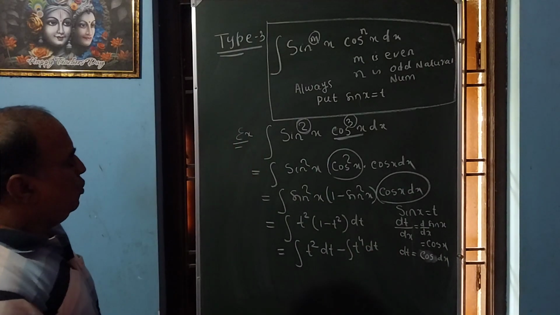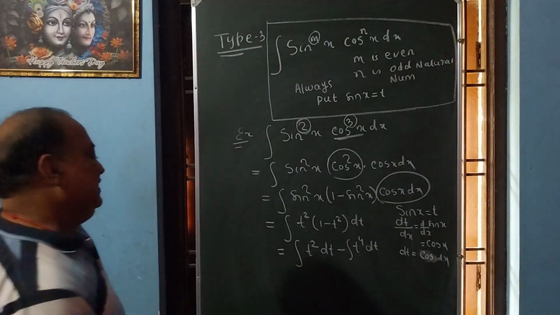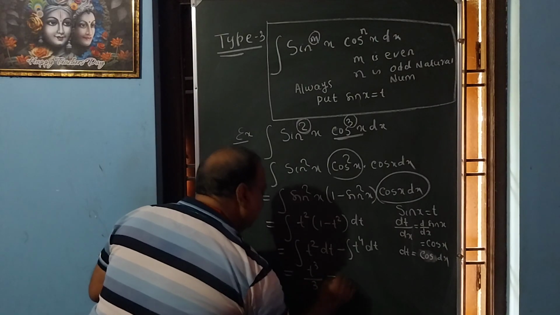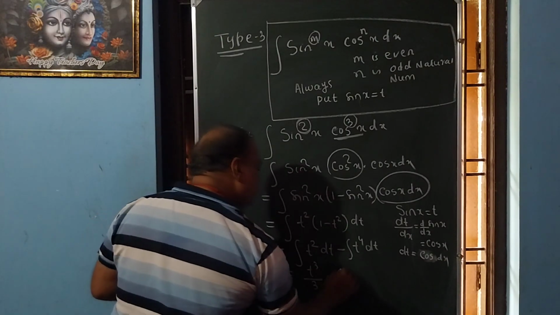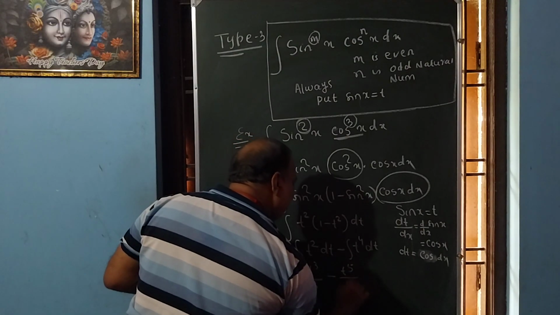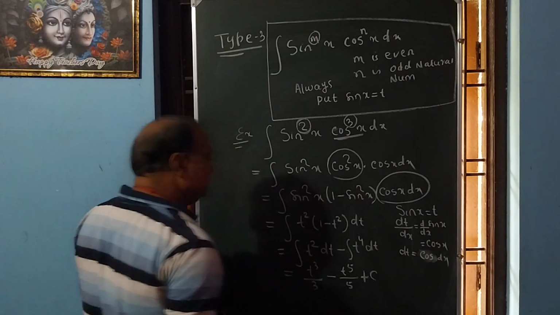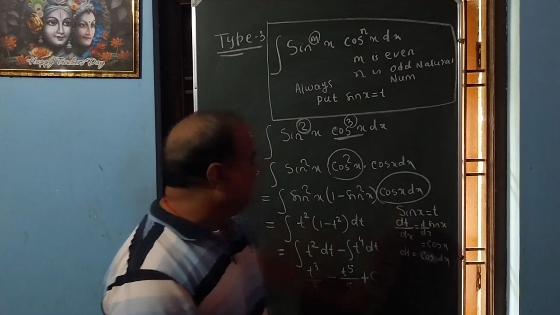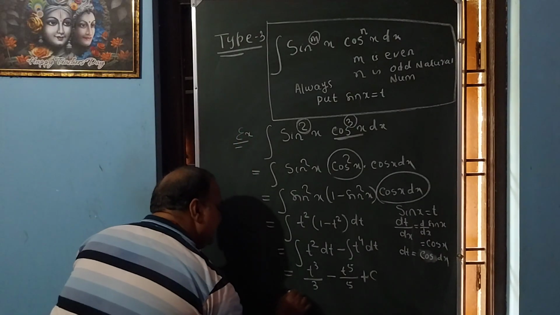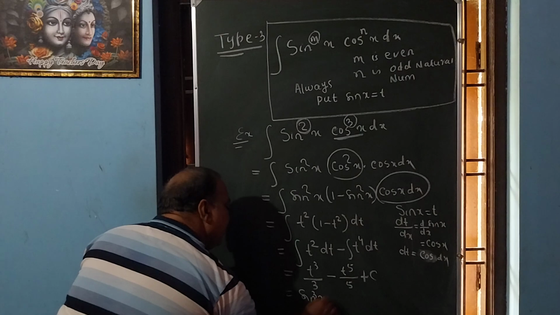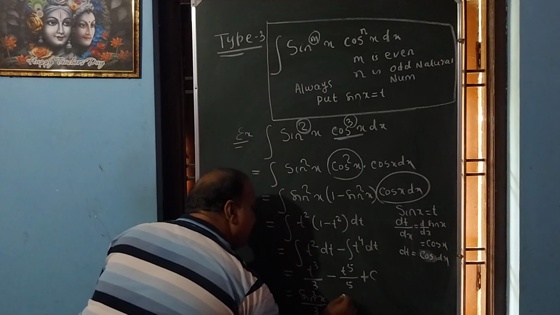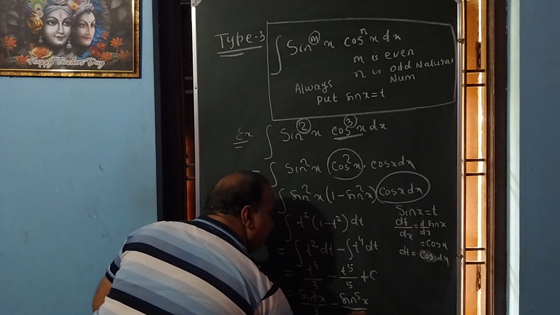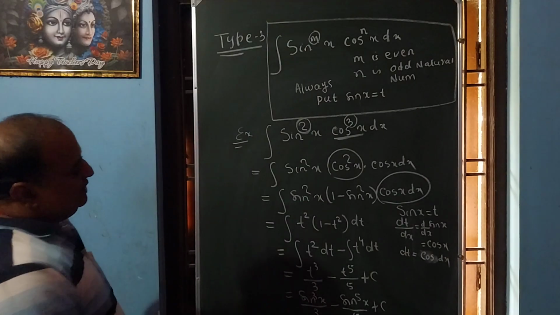So we know that integration of t square is equal to t cube by 3 minus integration of t to the power 4, t to the power 5 by 5 plus c. Now in place of t we have to write sin x. So we get sin cube x by 3 minus sin to the power 5 x by 5 plus c. Okay, this is the answer.